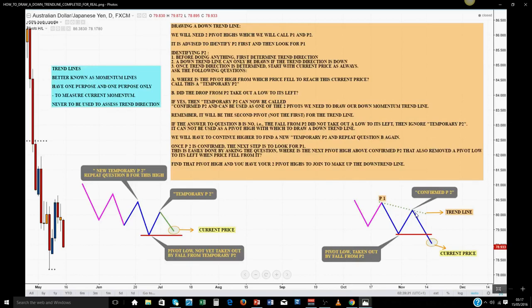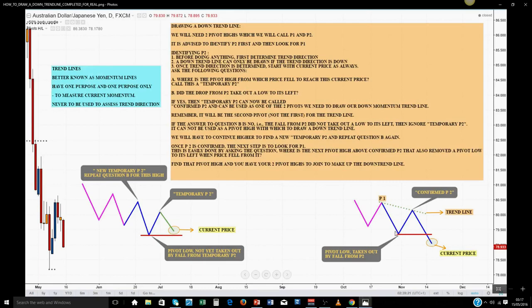So therefore, we can now use this as our P2, and I've labeled it confirmed P2 because it took out this pivot low here. That's how it attained the status of a confirmed P2. Compare it to this one that didn't take out the pivot low and it stayed as temporary P2. In fact, we moved the temporary P2 up to this one because this one was useless to us.